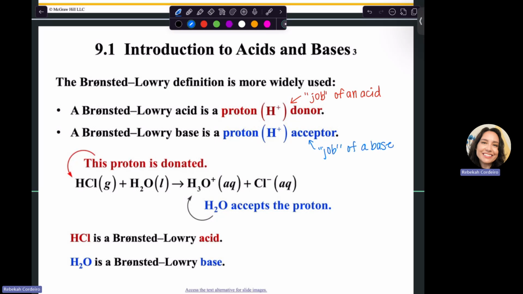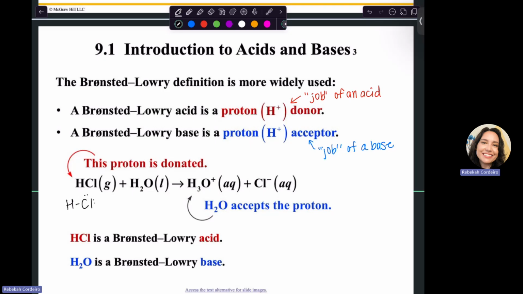This is going to be more inclusive of different chemicals that we'll see, and it talks more about how it behaves and what it's doing, and less about just that one thing that it's making. And it allows us to use hydronium, which is the real life version of what's actually happening. So if we track this H, I think the Lewis structures are helpful here.